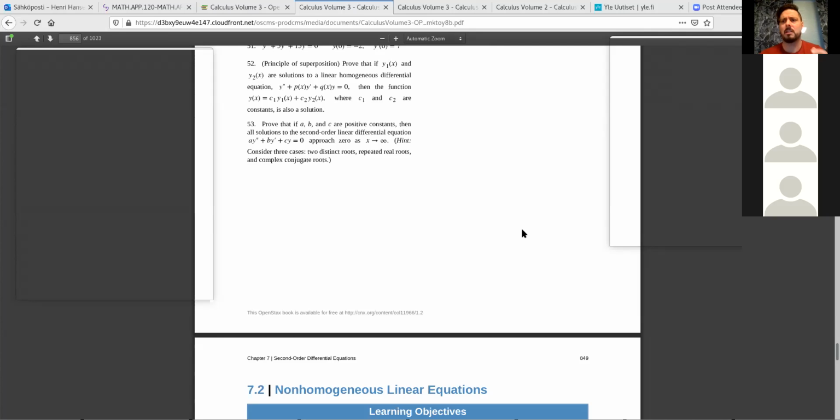But this is about as hard as it gets. So I'm not going to be expecting you to be able to solve anything more complicated than linear constant coefficient second order differential equations. We may look at this non-homogeneous situation a little bit, and at situations in which they might arise.